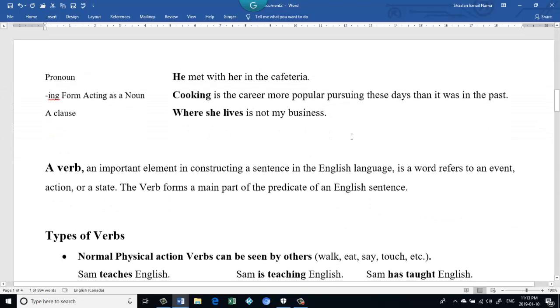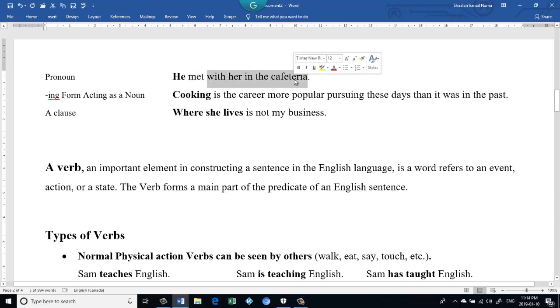Then if we have a pronoun, for example, 'he' acts as a subject. Then 'met' is my verb. Then 'with her in the cafeteria' is the complement for the sentence here, whose subject is 'he'.